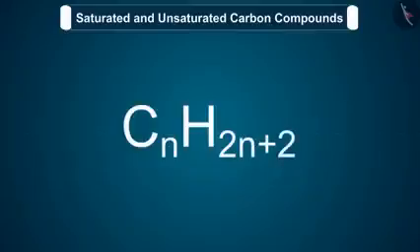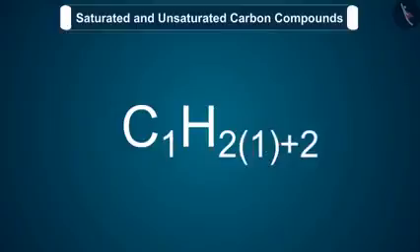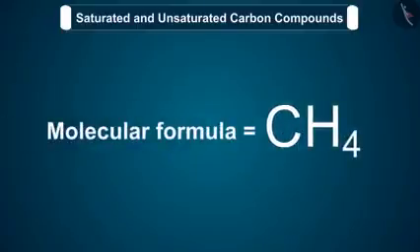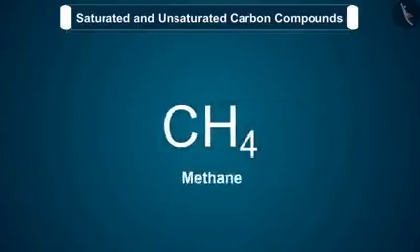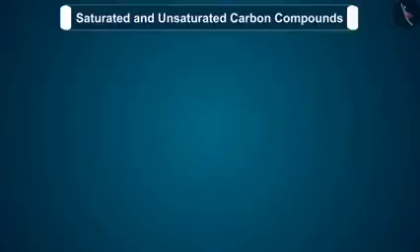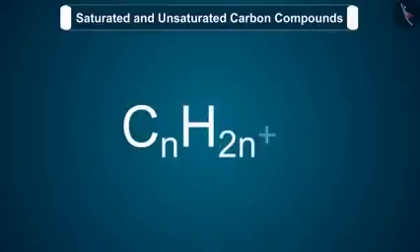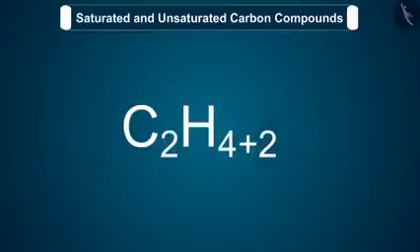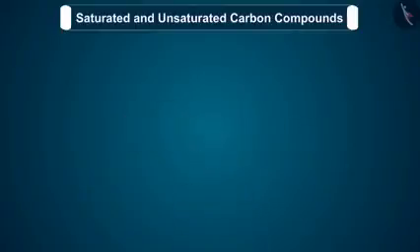If an alkane has one carbon atom in its molecule, when n equals 1, its molecular formula according to the general formula becomes CH4, which we call methane. 2. Similarly, if we take n equal to 2, we get ethane.